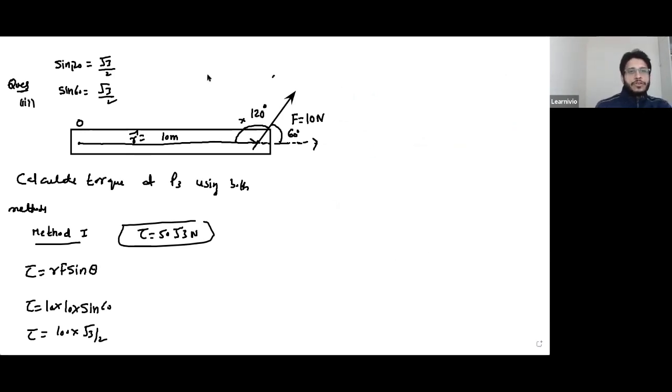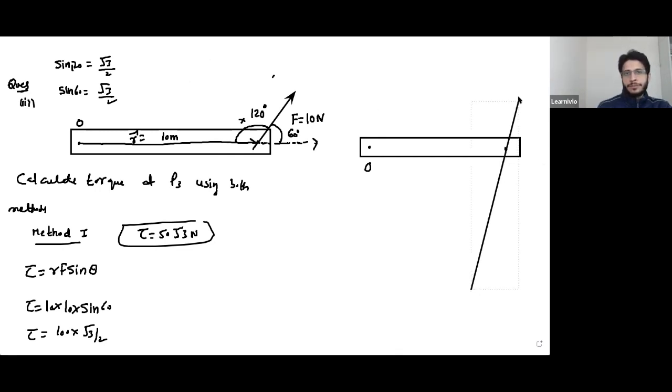For R perpendicular, let's draw the perpendicular first. This is point O, and this is the line of action of force. Extend your line of action of force. You know that this angle is 60 degree. Draw a perpendicular from the origin to this line.